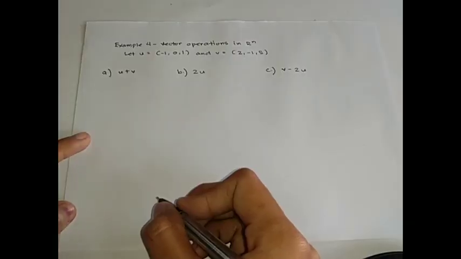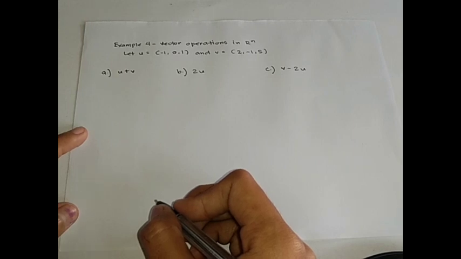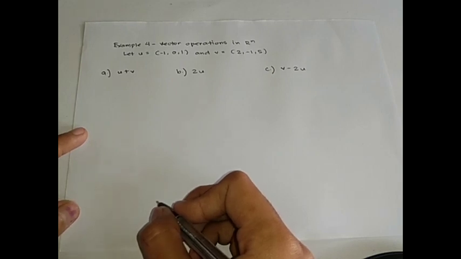Now, let us try to solve the example for vector operations in R raised to n. Let U is equal to (-1, 0, 1) and V is equal to (2, -1, 5). For letter A, to add two vectors, add their corresponding components as follows.